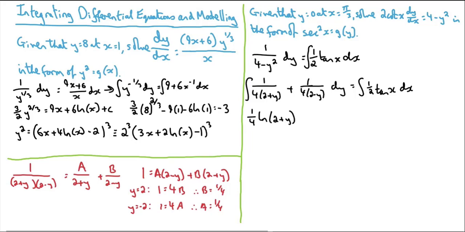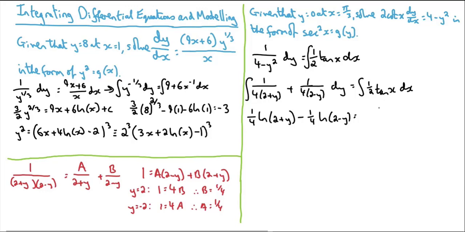But then here, this would become a quarter of the natural log of 2 minus y, because when you integrate like this, you are meant to divide by the differential of the bracket of the ln. The differential with respect to y of 2 plus y is just 1, so divided by 1 makes no difference. But the differential of 2 minus y is minus 1, so we need to divide by minus 1, which turns that plus into a minus here.